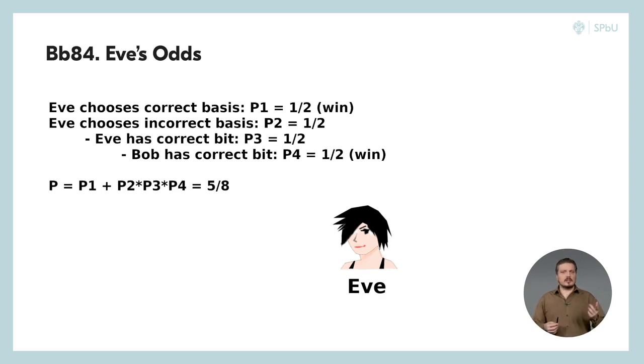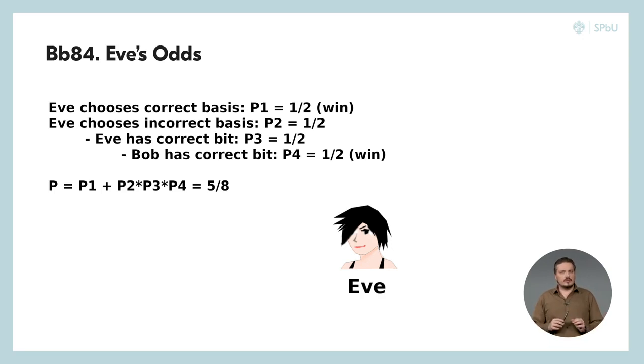The probability of this is 1/2, and Bob also randomly obtains the correct bit from the photon encoded by Eve. This is also 1/2. So the whole probability for Eve to invisibly intrude and obtain the correct bit is 1/2 plus 1/2 in the power 3, which is 5/8.